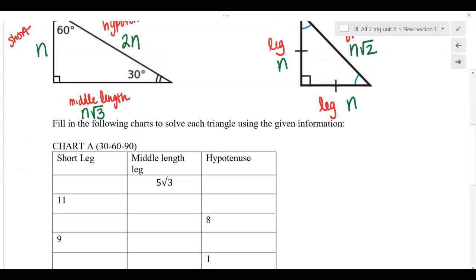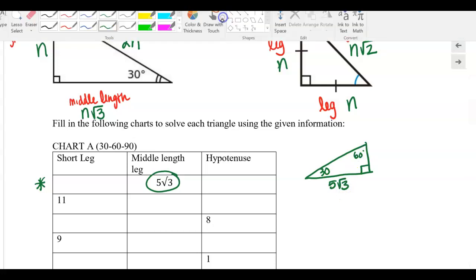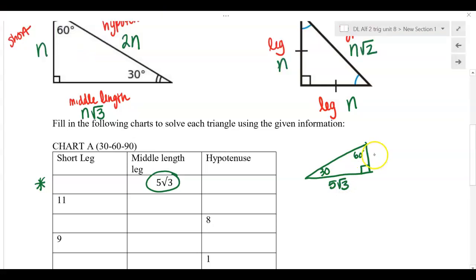So for example, let's look at this first one. If someone told me the middle length leg was 5 rad 3, then that would mean I have a 30, 60, 90, and I know the pattern is this number times rad 3, and double that number.